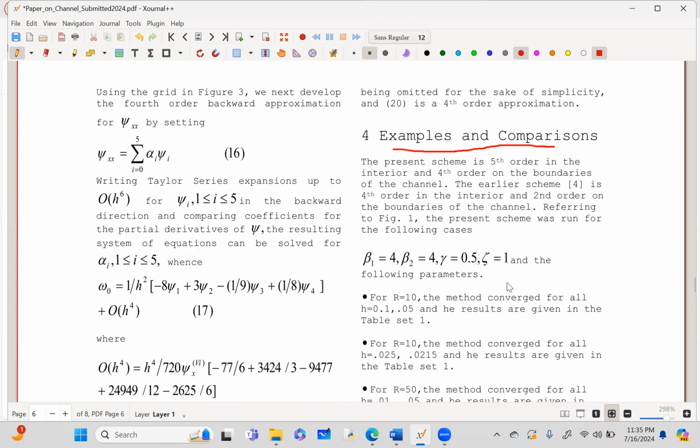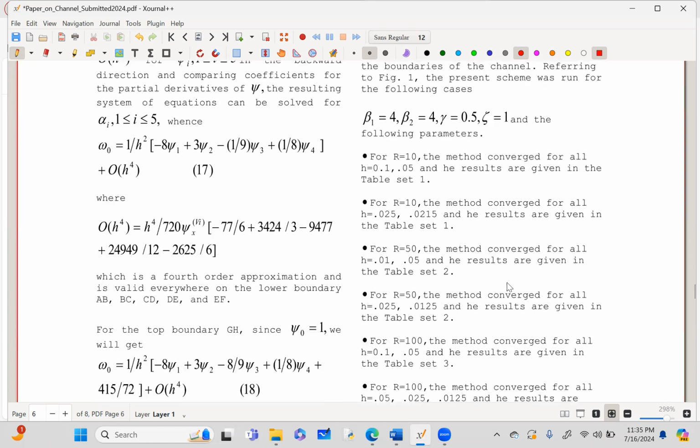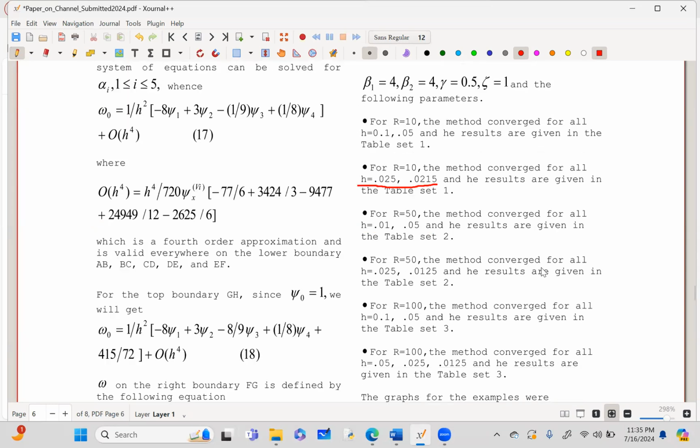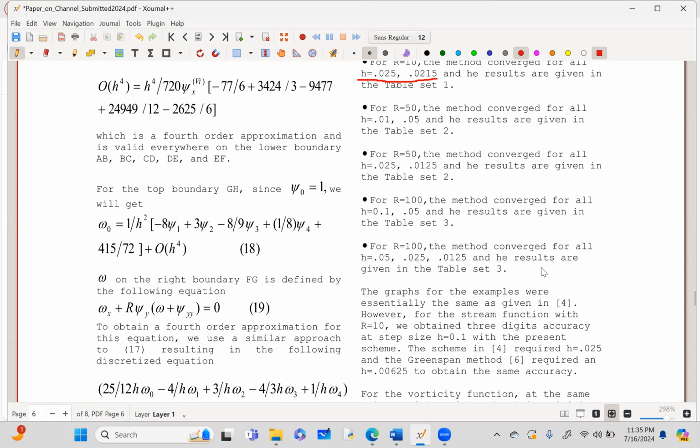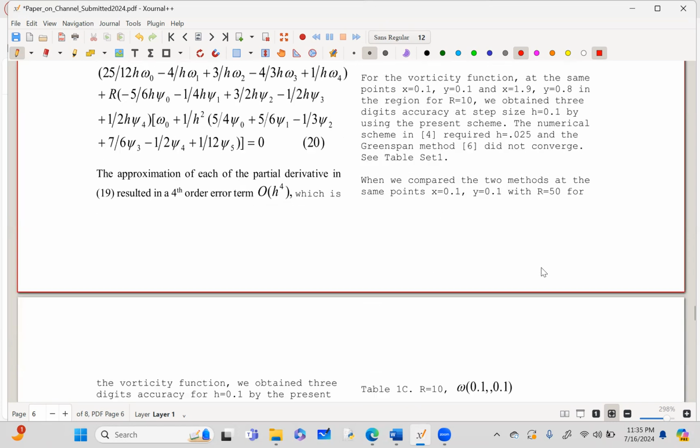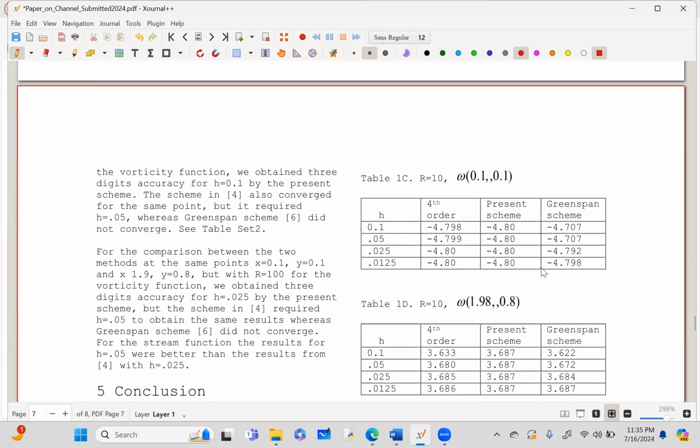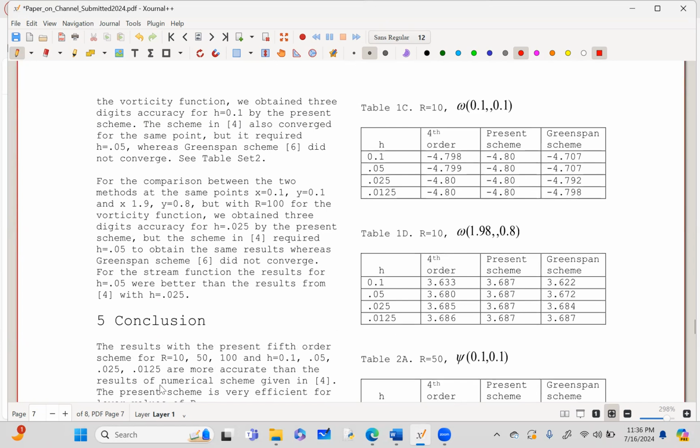These are, as you can see, different parameters, and various cases are examined, various values of Reynolds number, and various step sizes h. The comparisons are discussed here. In particular, those details on how the present scheme shows superior convergence and better accuracy, typical cases are indicated in section 5, which is the conclusion. It is very specific about what cases were looked at.